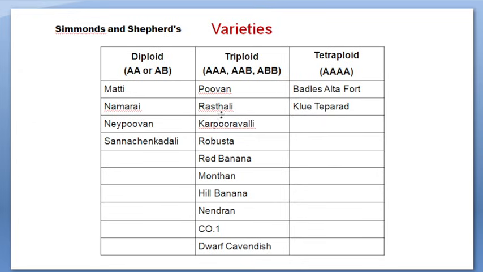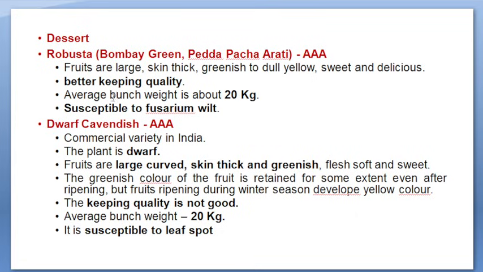These are some of the varieties under triploid: Puvan, which is also a commercial variety, Karpuravalli, Robusta, red banana. For example, especially in and around Mysore, Nanjangud Rasabale is one of the famous ones. These are some of the key characteristics of the varieties used for dessert purpose.